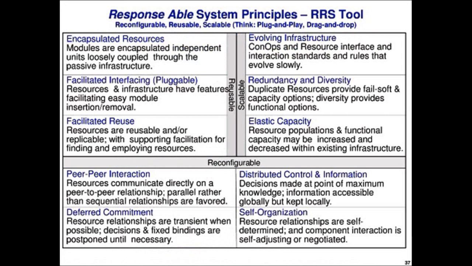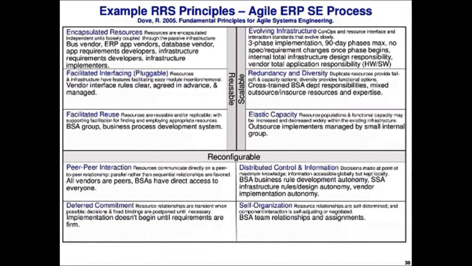Here's the tool that we use for that, where we basically have to identify the encapsulated resources. Encapsulated is an important word. The evolving infrastructure, and 8 other design principles that are basically employed in order to flesh out the Agile architecture pattern with design concepts.